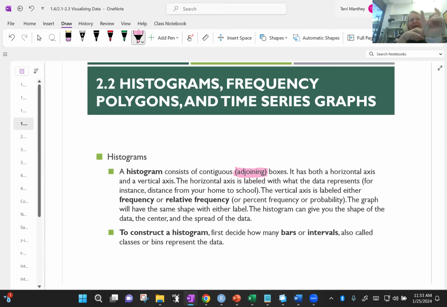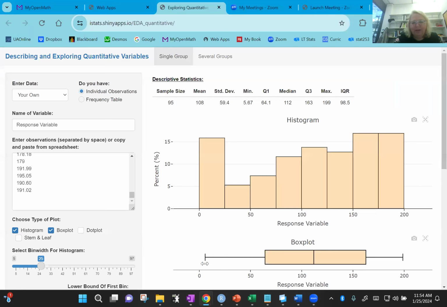You want to label it like it's quantitative, where you show that this is 0, this is 25, 50. You don't have to label every bar, but you'll notice this is not labeled like a bar graph.